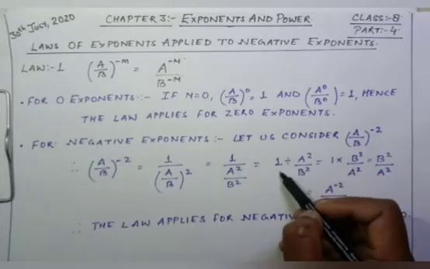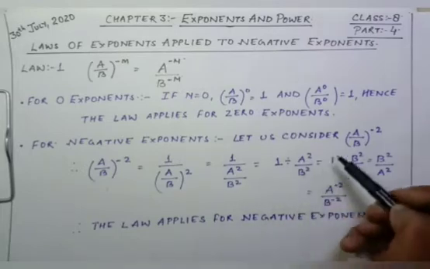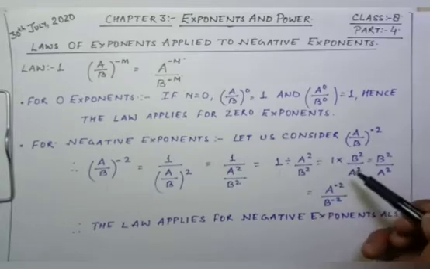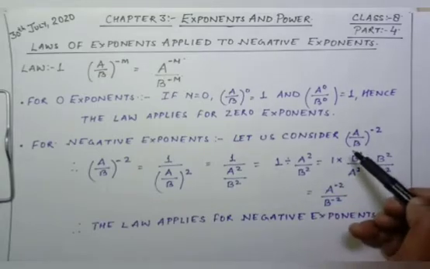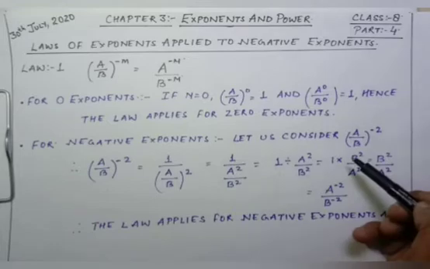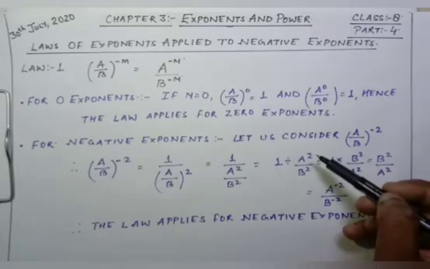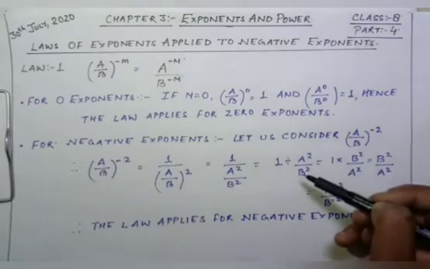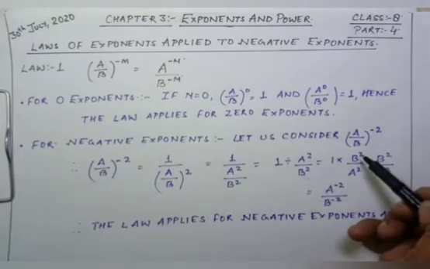Over here it is 1. Now when I convert this division sign into a multiplication sign, it will be 1 into the reciprocal. The number at the numerator place will come to the place of denominator, and the number at the denominator place will come to the place of numerator.